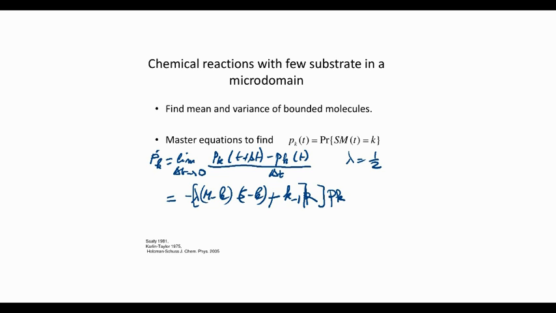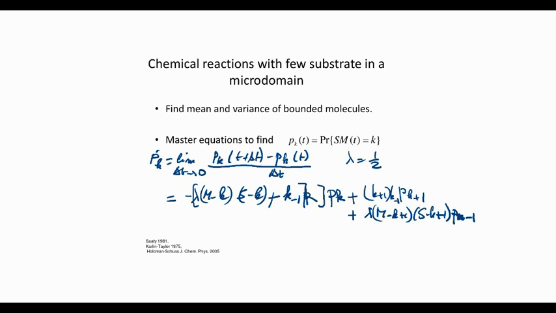And now we have the other terms: plus k plus 1 times pk plus 1, and plus lambda (m minus k plus 1)(s minus k plus 1) multiplied by pk minus 1.